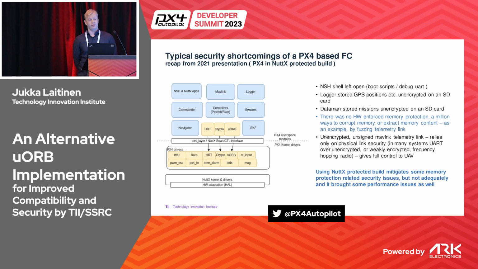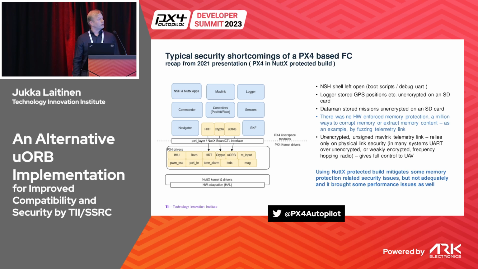One big thing for software security is always memory protection. We always try to have hardware-enforced memory protection in all the software, which is not the case in traditional software architecture that is not formally modeled and formally verified.